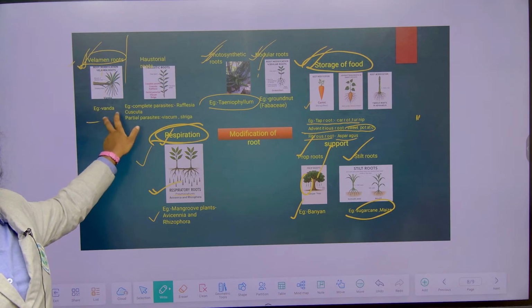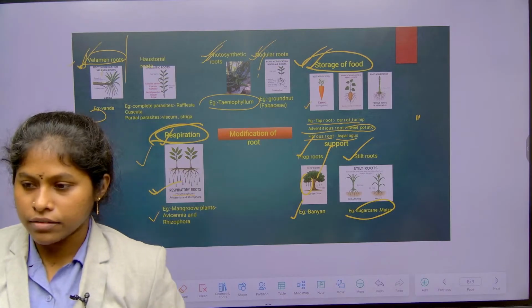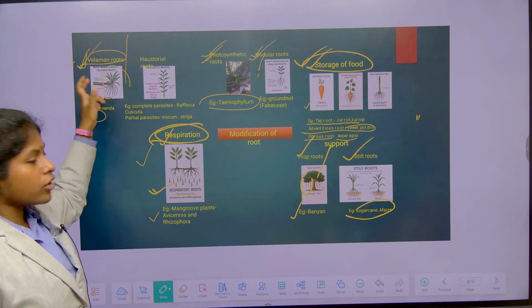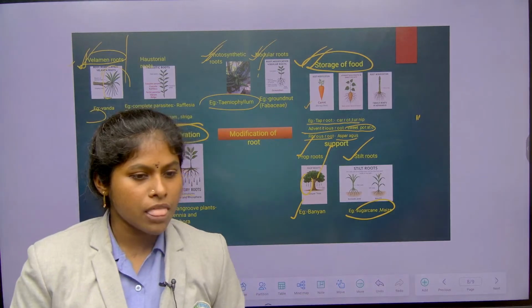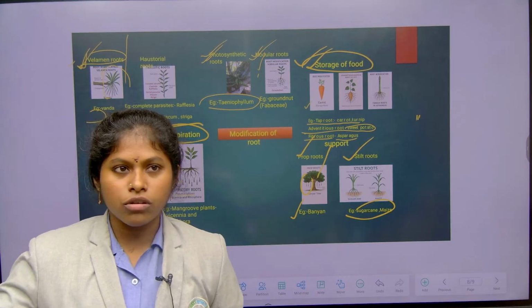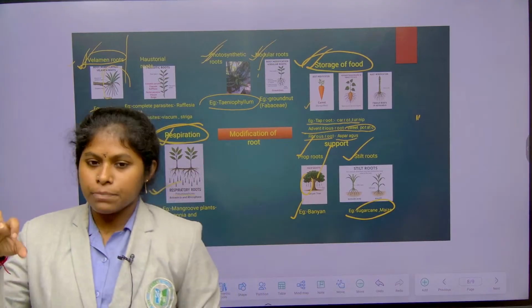The example is Vanda. So we know that roots absorb water. So how come it is growing on another plant? It is not depending on that plant also. Then how come that plant is taking water? From the atmosphere. Okay. Here also we have the atmosphere. If you keep bread here, it will absorb the moisture.